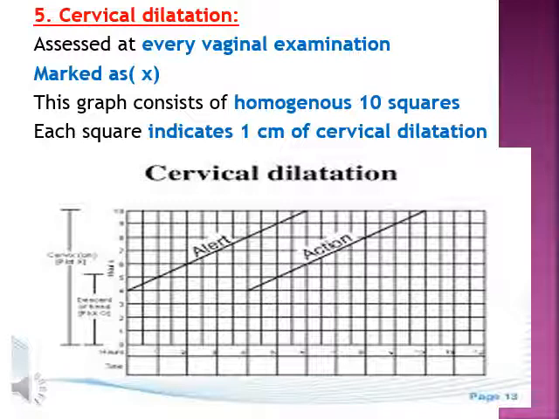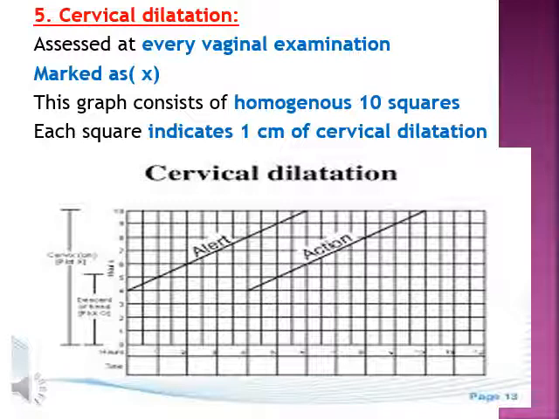If you are doing a vaginal examination at 10 o'clock, you will mention the time here as 10, and if you find 4 centimeter dilatation, you will give a cross mark at the level of 4. That means at 10 o'clock, the cervix was 4 centimeter dilated.